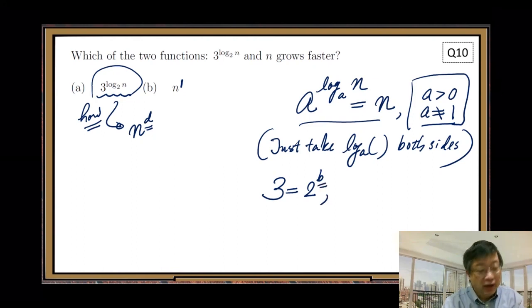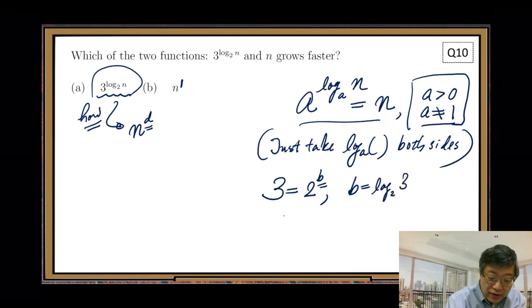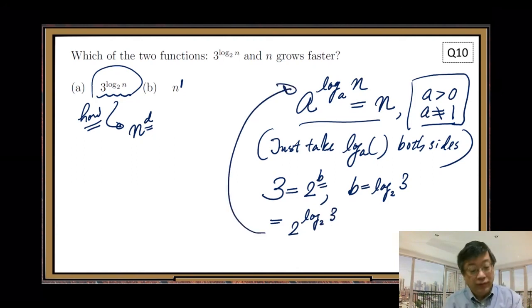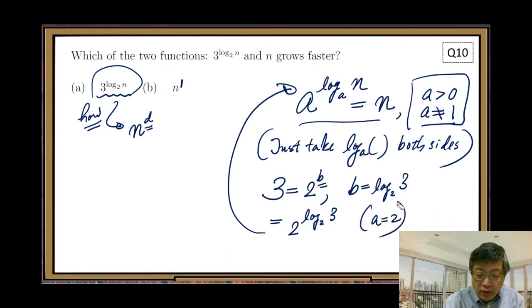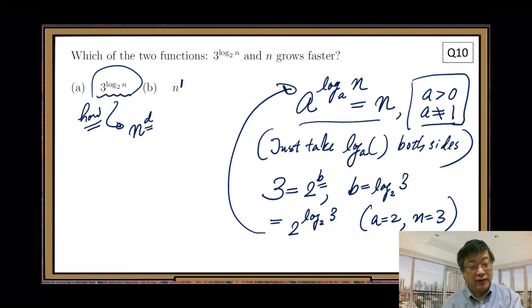If you take log base 2 of both sides, b equals log base 2 of 3. Then you can write 3 equals 2 to the log base 2 of 3. This is a special case of the formula where a equals 2 and n equals 3. That's the first step.